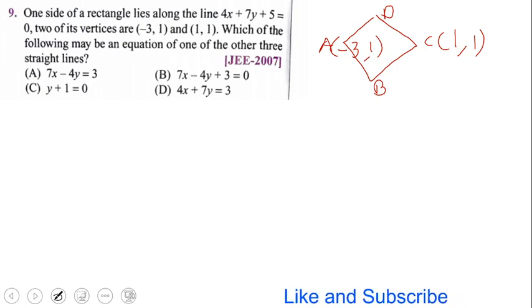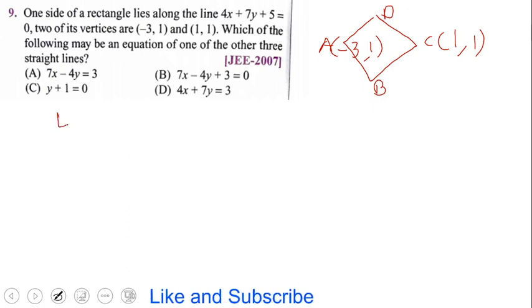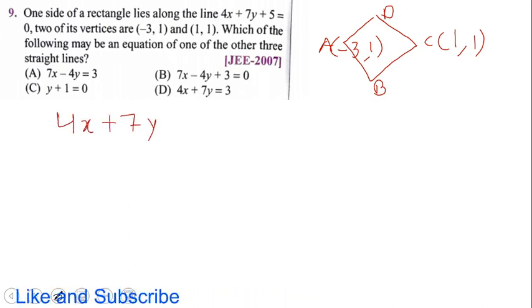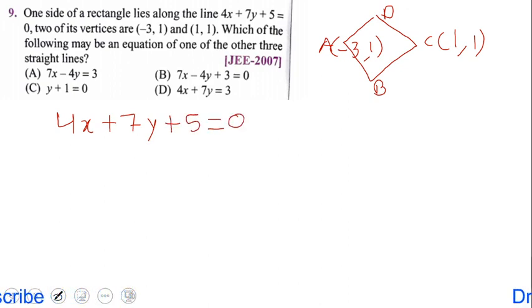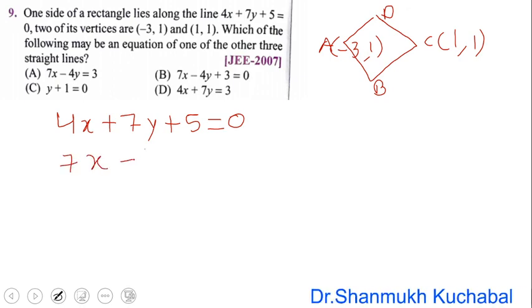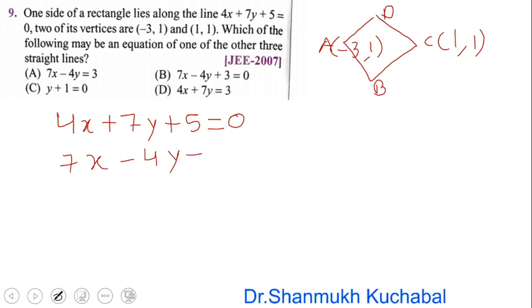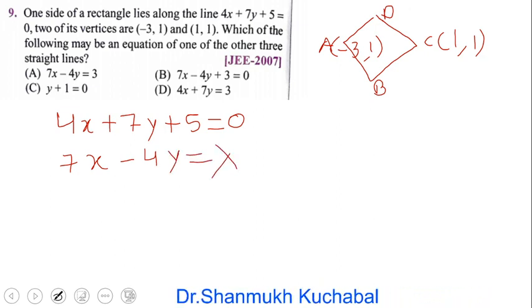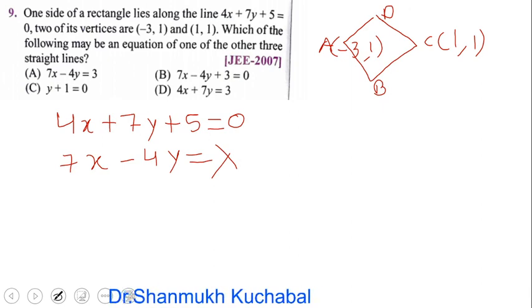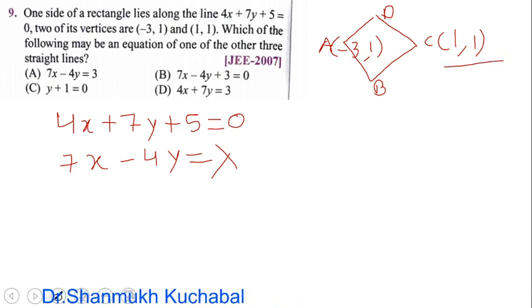The equation of a line perpendicular to AD. So one equation is 4x plus 7y plus 5 equal to 0. Another will be perpendicular, so we have to use the perpendicular condition. That is 7x minus 4y equal to lambda, we will take it. Now it passes through a point, here given 1 comma 1.